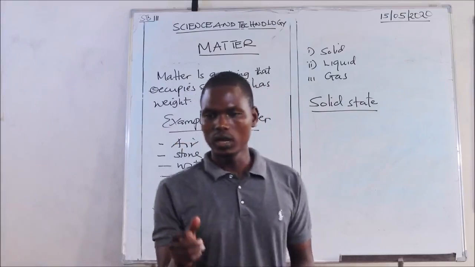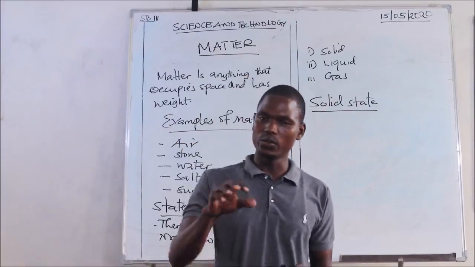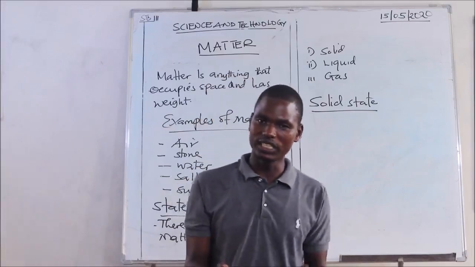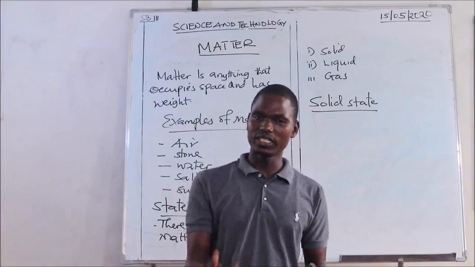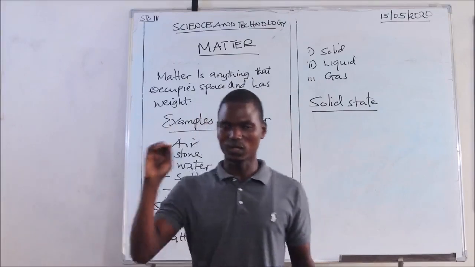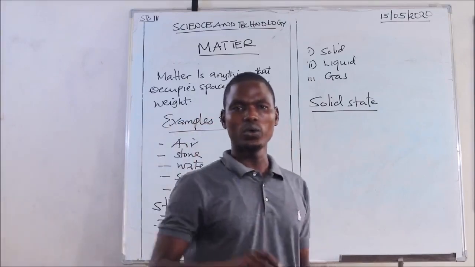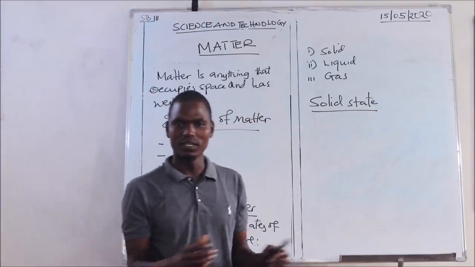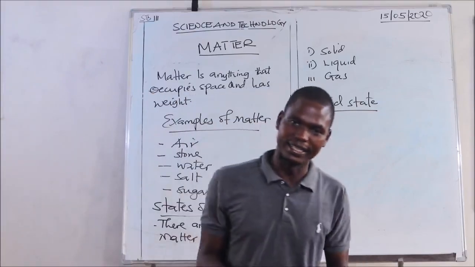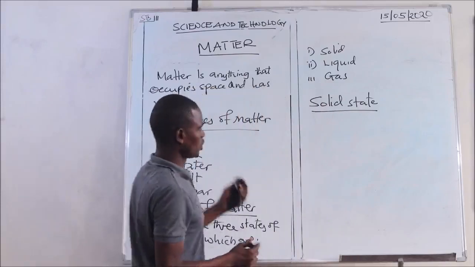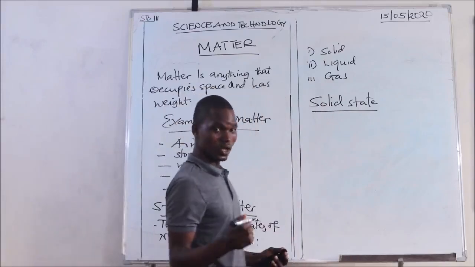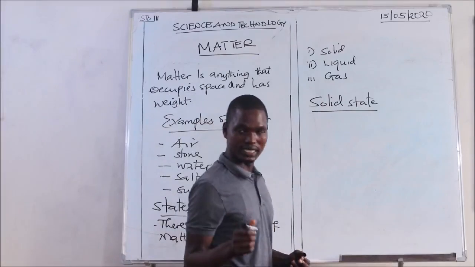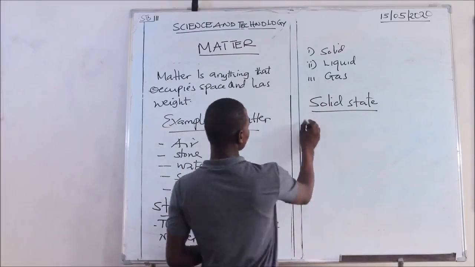And that is why when you tend to see or touch solid material around you, you can hold it, you can lift it, you can throw it, and it can move with the whole body without leaving some molecules behind. That is solid. So we say solid state is a state of matter whose molecules are compacted together.